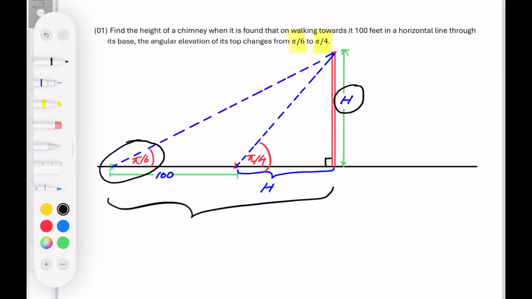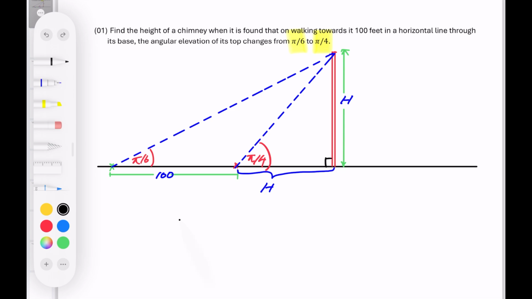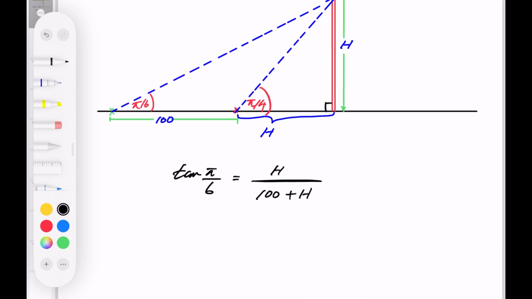Therefore, we can quite easily solve that equation and find h. So let's go ahead and do that. Tangent pi over 6 should be equal to h, which is the opposite, over adjacent 100 plus h. We know that tangent pi over 6 is equal to 1 over square root 3. That should be equal to h over 100 plus h.